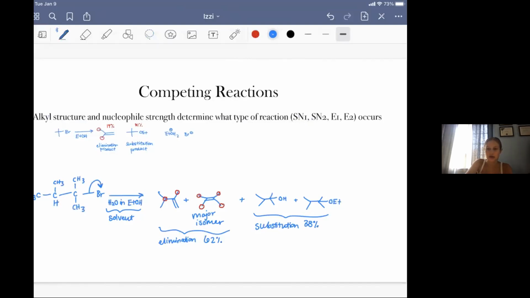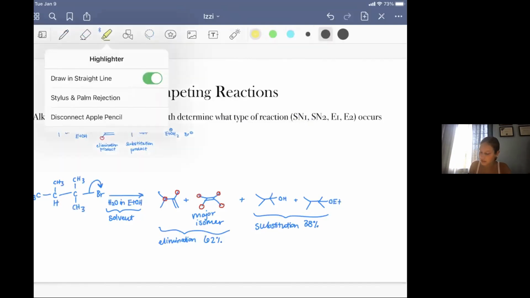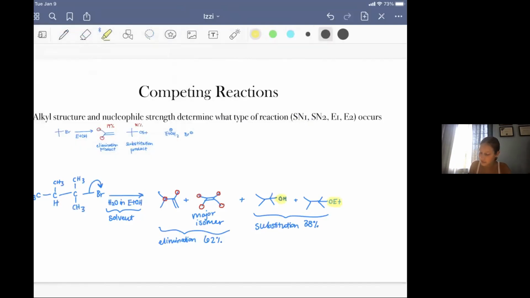And in case you guys are wondering about the substitution products, the reason that we have both is because we have both H2O and ethanol in solution, and they're both competing for the charged carbon on the carbocation, which is why we see both of those substitution products. So right here is the OH and right here is the OEt. And remember that you're also going to have to go through your deprotonation step.